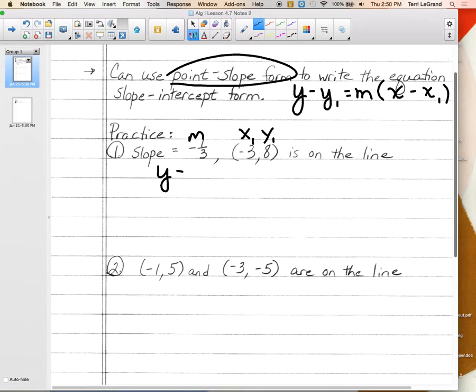So y subtract 8 equals negative 1/3 times x take away negative 3. Okay. Now we can change that to add the opposite, right? So this will become add, and the opposite of negative 3 is positive 3.